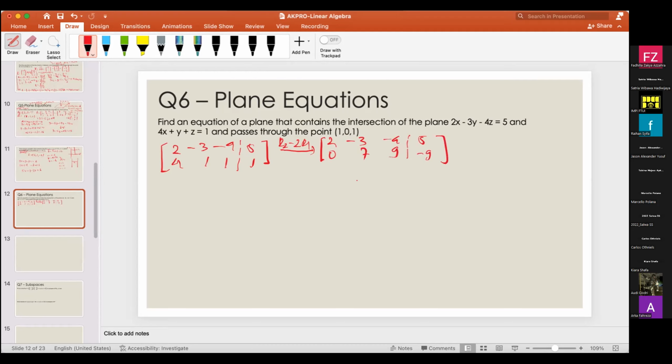Now we can divide the first row by 2. This will result in 1, minus 1.5, minus 2, 2.5. This is 0, 7, 9, and negative 9. Okay, so next we're going to knock out this negative 1.5.